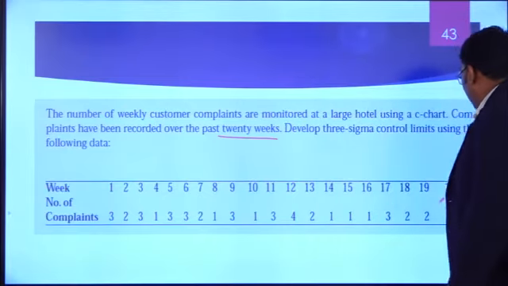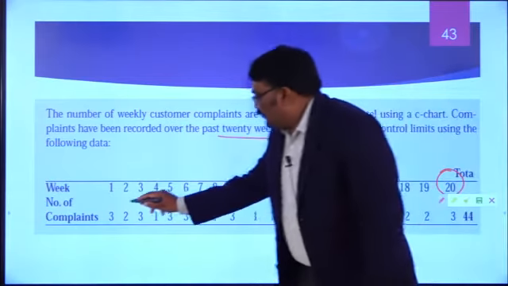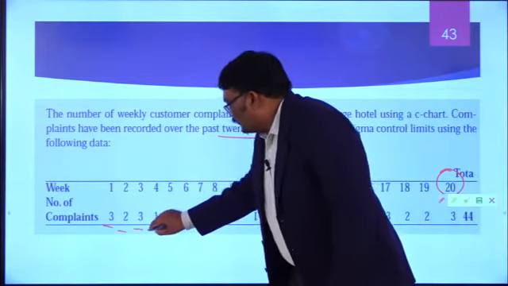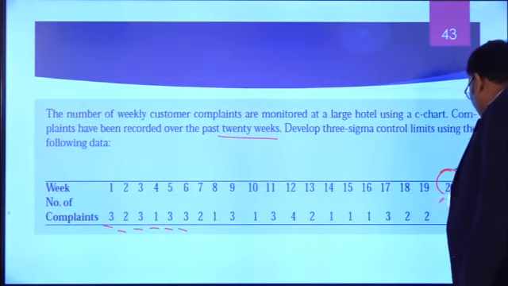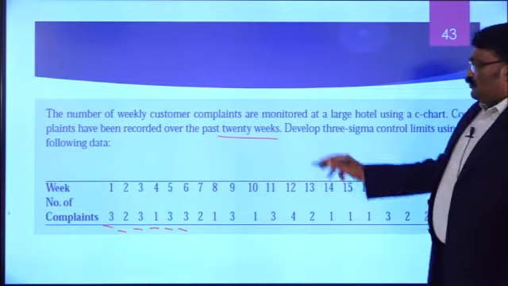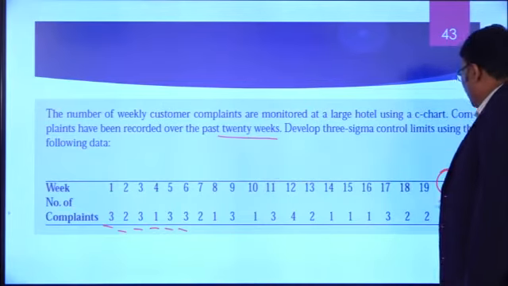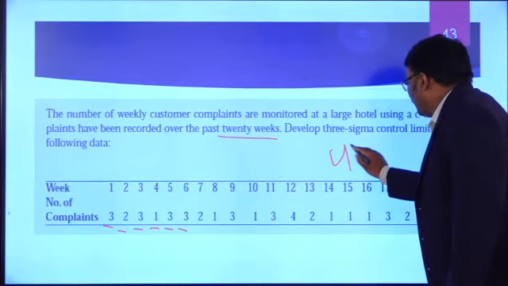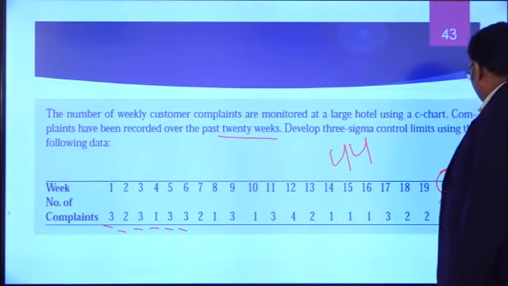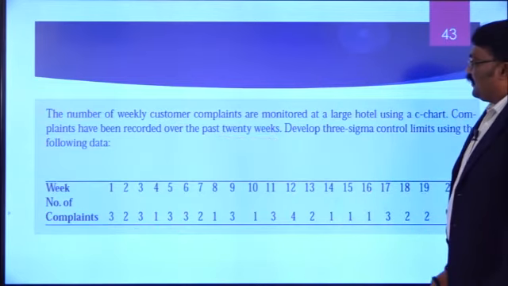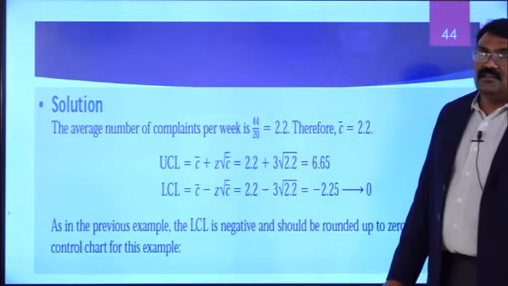The number of weeks is 20, and for each week we have the number of complaints. The total of the complaints over 20 weeks put together is 44, and this 44 we apply in the formula for the C chart.